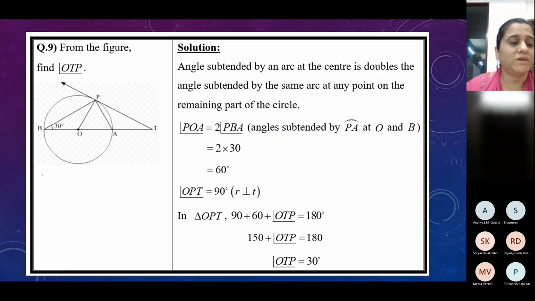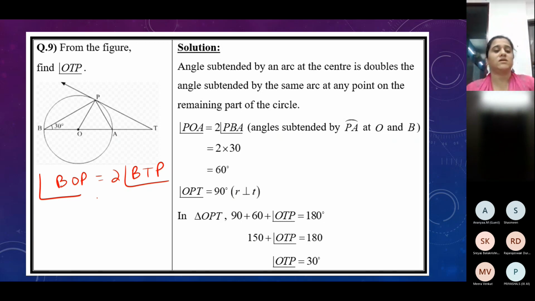So angle BOP, you said, is equal to twice angle BTP. This is what you said, right? Yes, ma'am. So BOP is correct. This is the angle BOP made by the arc BP at the center O. That's fine. Now this BOP and BAP can be related.